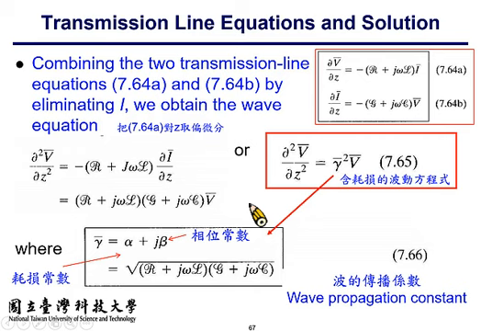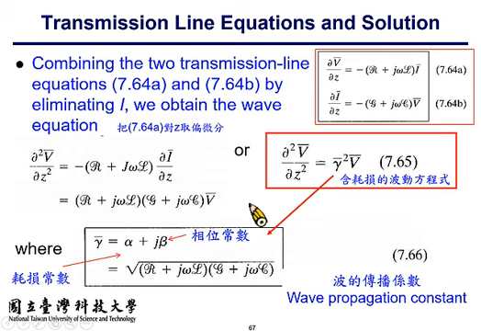On the other hand, if alpha is non-zero, a positive real number, then gamma, the propagation constant, describes the loss and phase change of the signal that goes into this lossy transmission line.